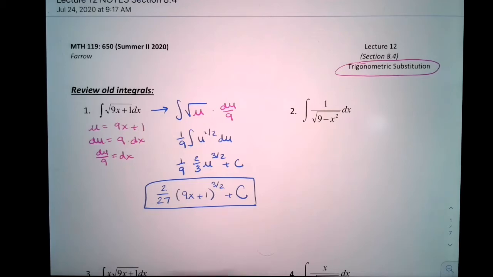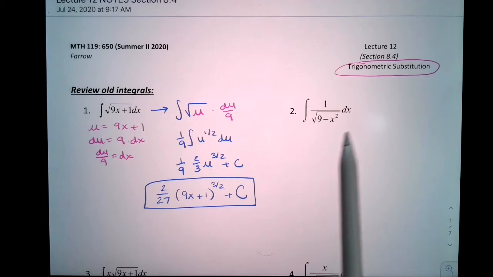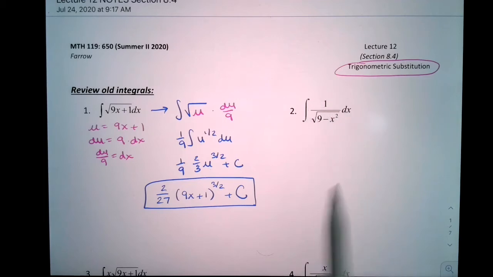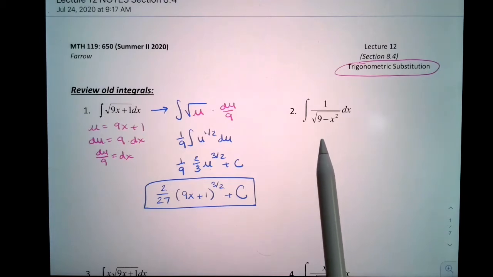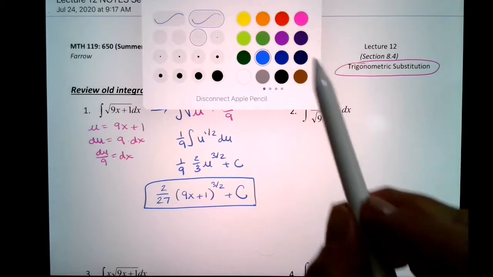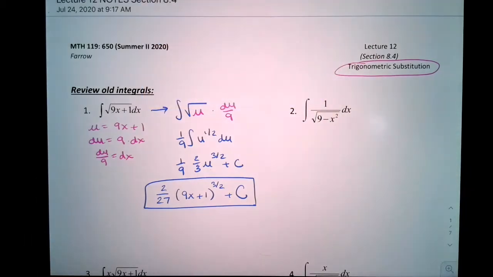Moving on to number 2, slightly different variation there. I do have a radical. It's in the denominator. And if you look at this, this should hopefully be a recognizable integrand. This looks like some version of the derivative of arc sine. So I'm going to use that approach. These are all things that we've certainly discussed in this class, but it all comes on the same sheet of paper here.